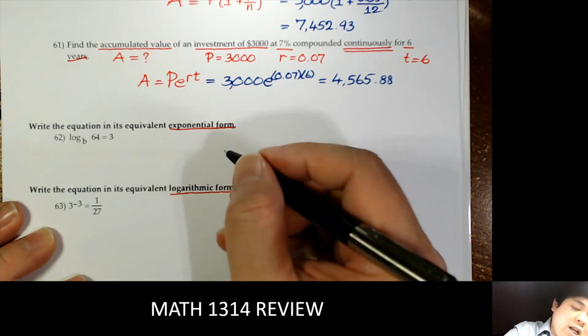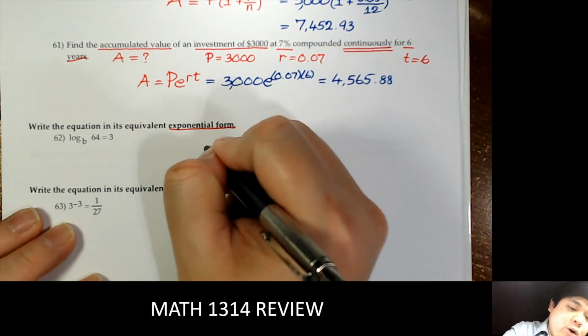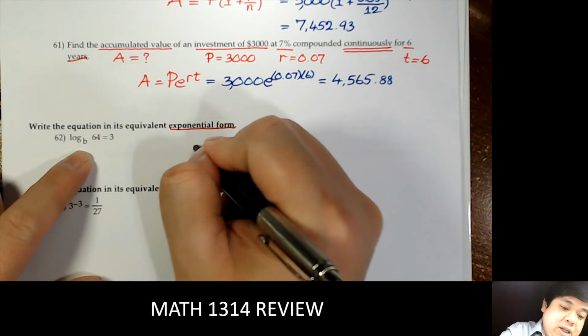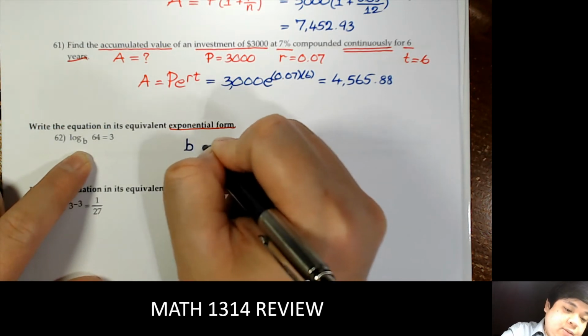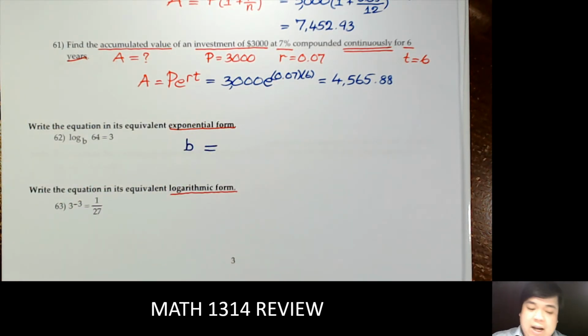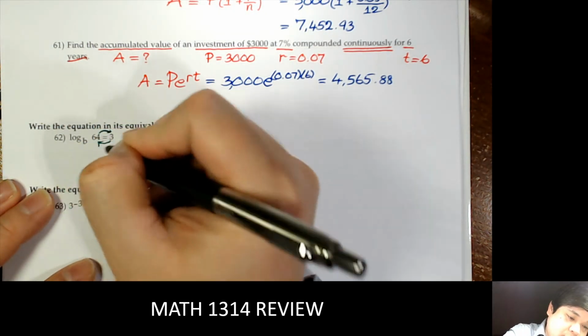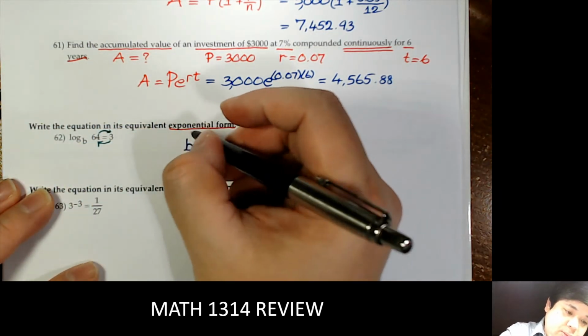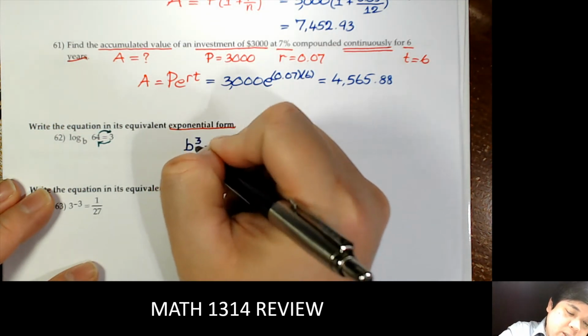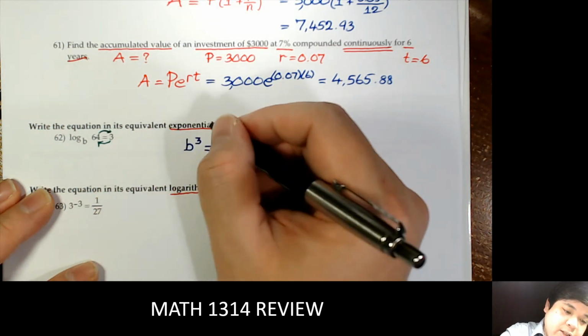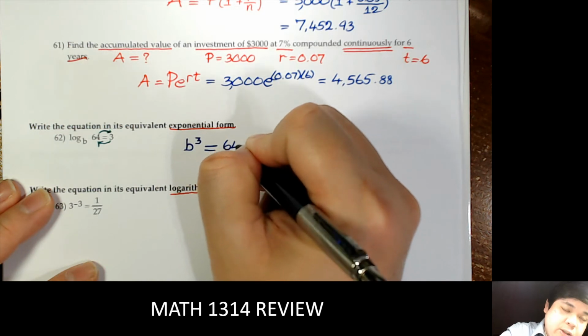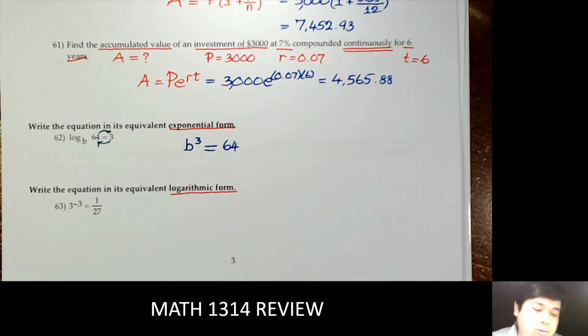We're going to write that in exponential form, meaning we need the base, which is b, equal sign, and after that we just swap the other two numbers. So 3 and then 64. Right, so that's the exponential form.